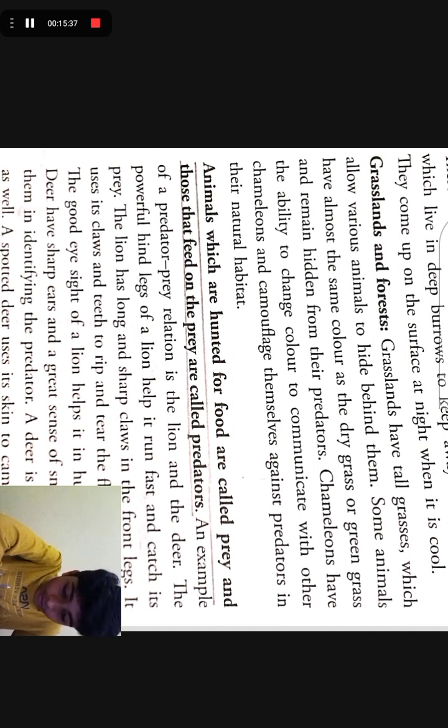The lion has long and sharp claws in its front legs. It uses its claws and teeth to rip and tear the flesh of the prey. The good eyesight of the lion helps in hunting at night. They have sharp ears and a great sense of smell, which help them to identify their prey. A deer is a quick runner, and the spotted deer uses its skin to camouflage.